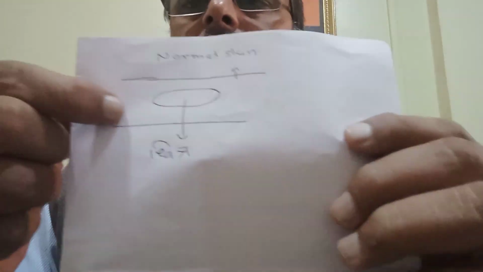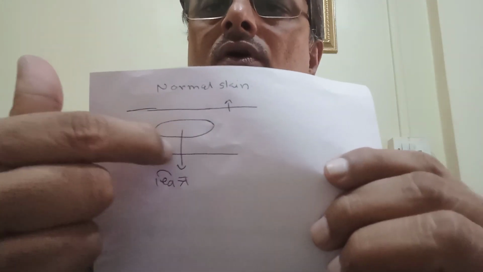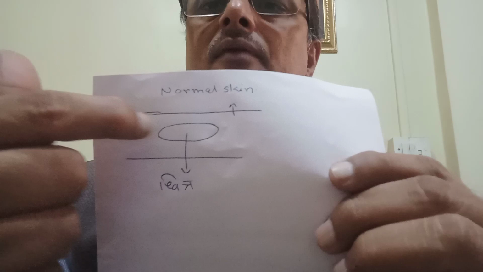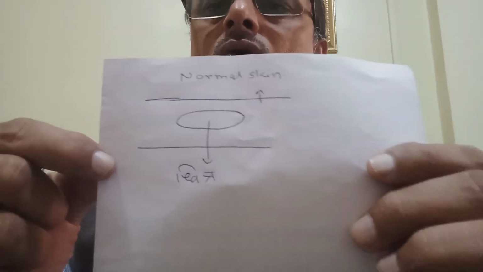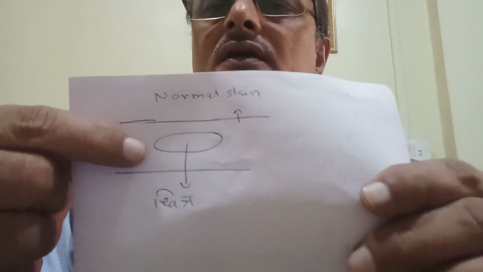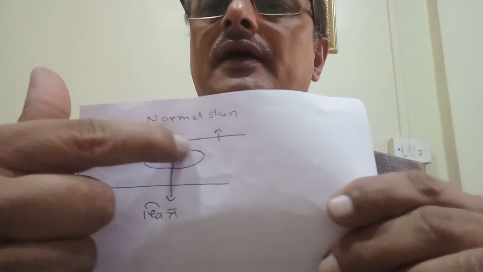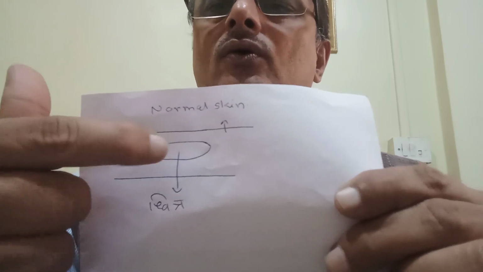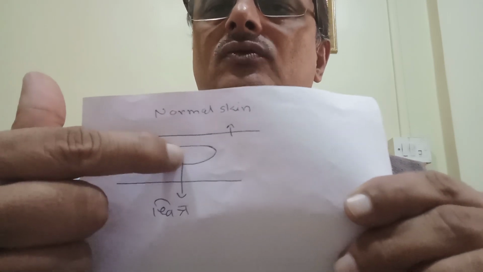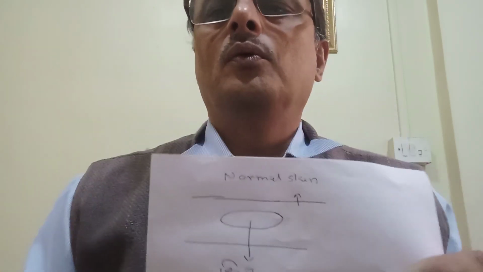Here is normal skin, and the circle I have drawn is a white patch. What is the difference? The color of the skin outside this patch is normal and this patch is completely white. This white patch we describe as Shvitra, and you have to make the color of that patch normal again.